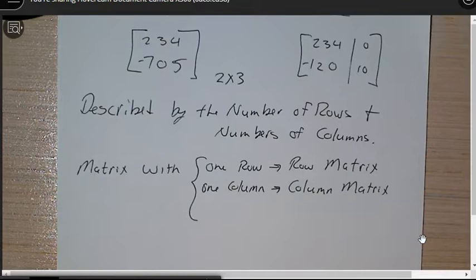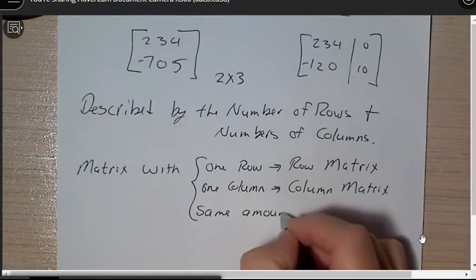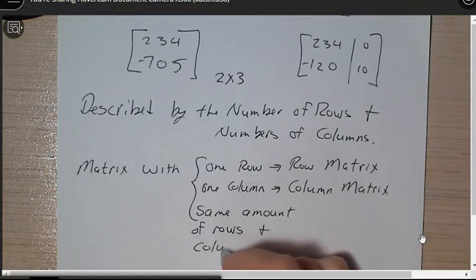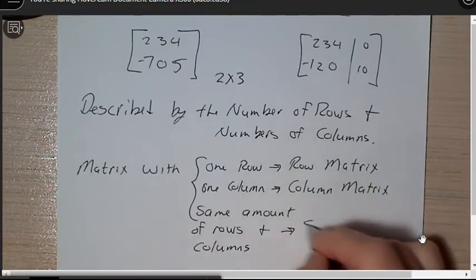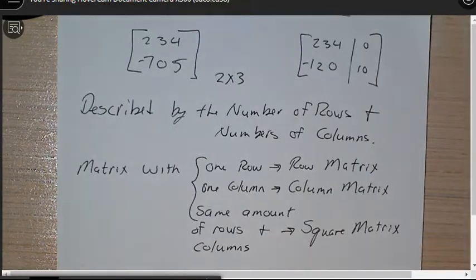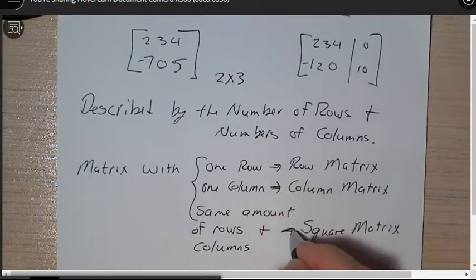And if you have the same number of rows and columns, they call that a square matrix. If it doesn't have any of those, like this 2 by 3 matrix, it's not really any kind of special matrix, it's just a matrix. So those are 3 names they give you if you have a certain amount of rows and columns.